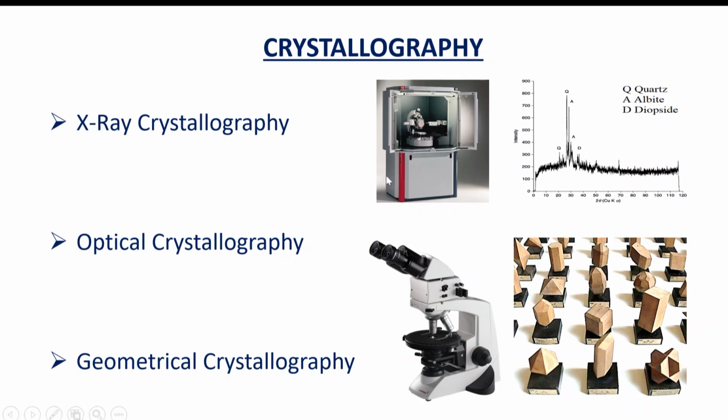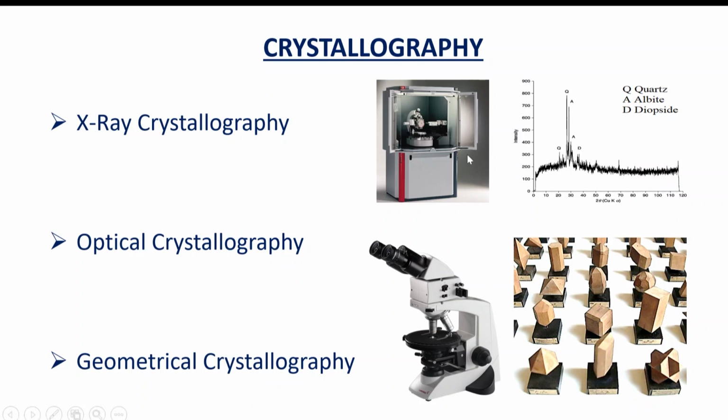In X-ray crystallography, what we generally do is take the powdered form of a certain material and try to interpret its composition by applying the concept of X-ray diffraction, based on the formula that you might have read in your school life, n lambda is equal to 2d sin theta.